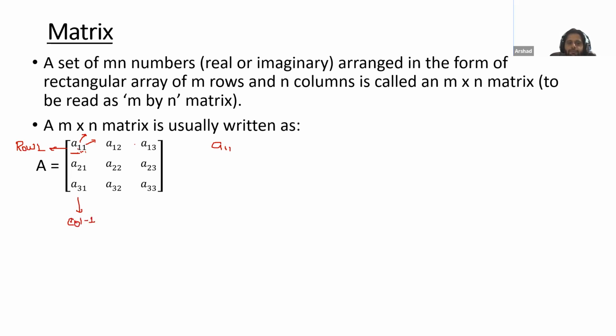So that's why A11 means first row and first column. A12 means first row and second column. A13 means first row and third column. Similarly, A21 means second row, first column; second row, second column; second row, third column; third row, first column; third row, second column; third row, third column. Okay, so I hope this is clear to everyone.